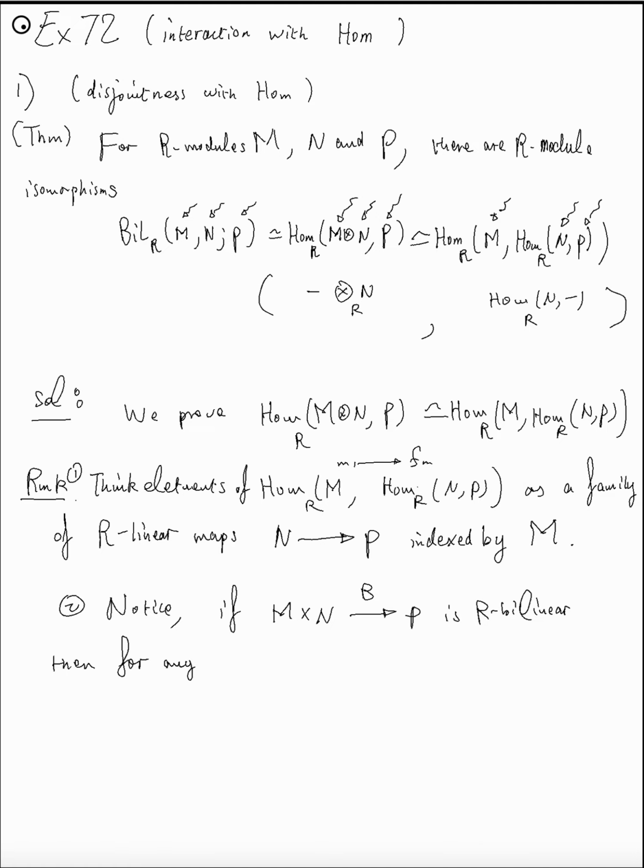Because for any small m in big M, through this bilinear map we construct f_m defined to be the map sending an element n to the bilinear map B evaluated on m and n. This is in P, right?